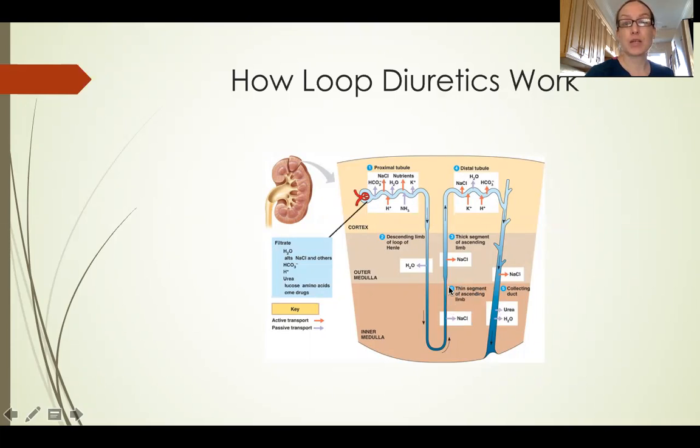What loop diuretics do is block the chloride pump of the nephron, and the water does not get reabsorbed back into the bloodstream and ends up getting eliminated through the ureters, the kidneys, and then the bladder, and excreted from the body.